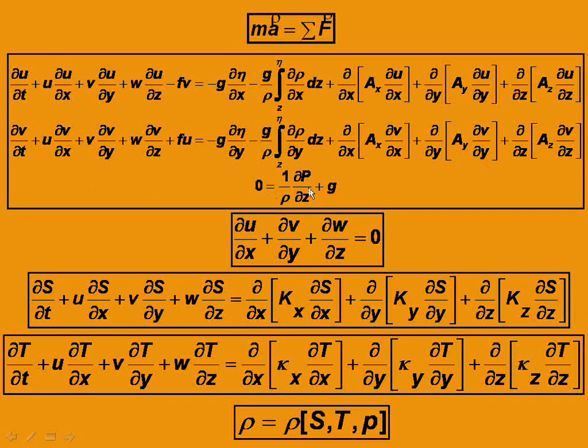But the other terms that are different from these two are many orders of magnitude, like nine orders of magnitude smaller. However, there are places in the ocean and in estuaries where you have large vertical flows, where this hydrostatic approximation is not valid anymore.